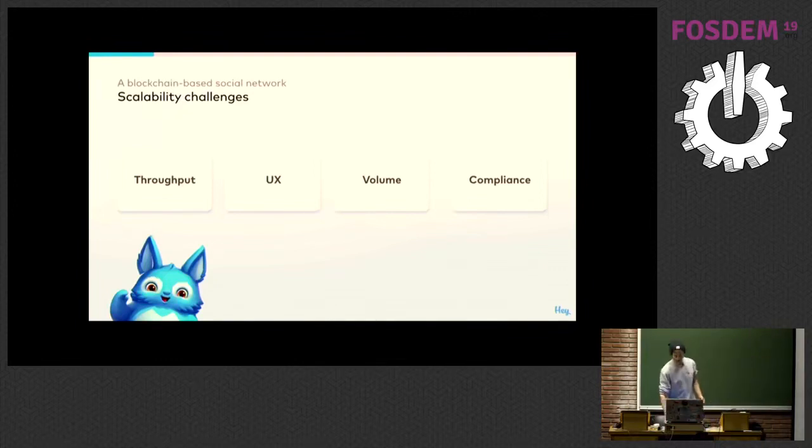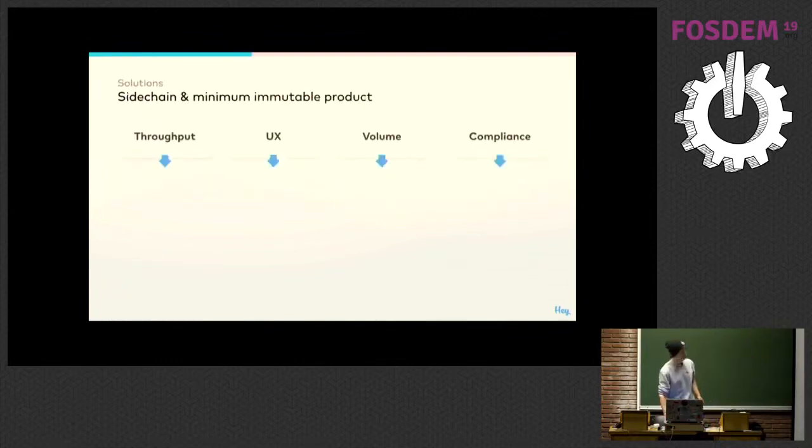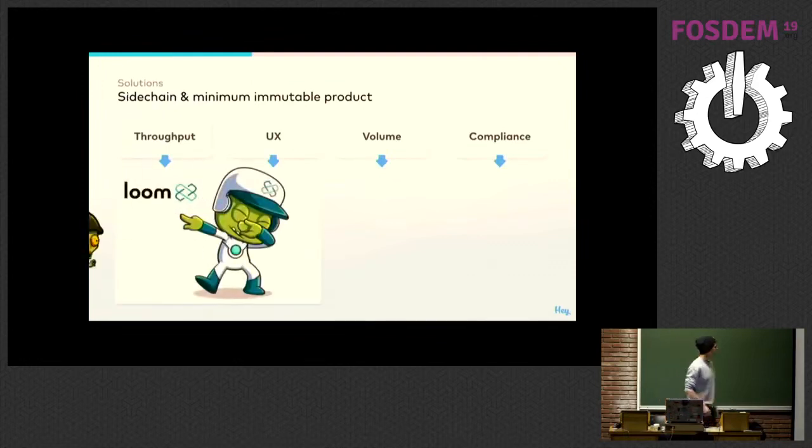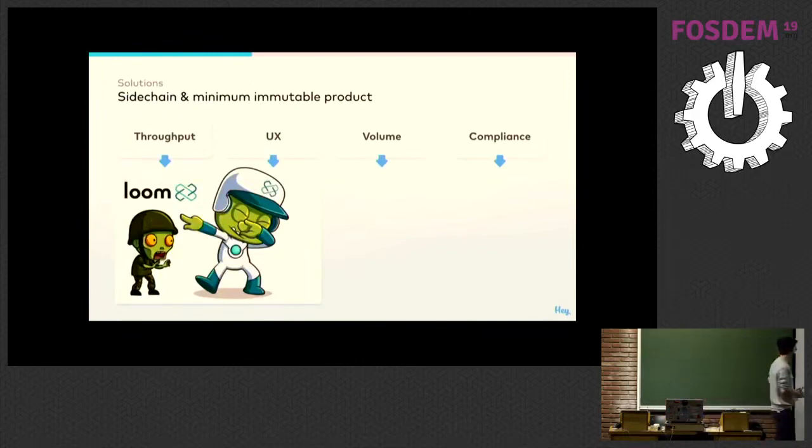So we were faced with these challenges, and after quite some thought process, we thankfully came up with two solutions. About the throughput and UX challenges, we decided to resort to sidechain solutions. I don't know if some of you here in the room know about these little fellows. If there are Ethereum developers in the room, you've probably seen them.